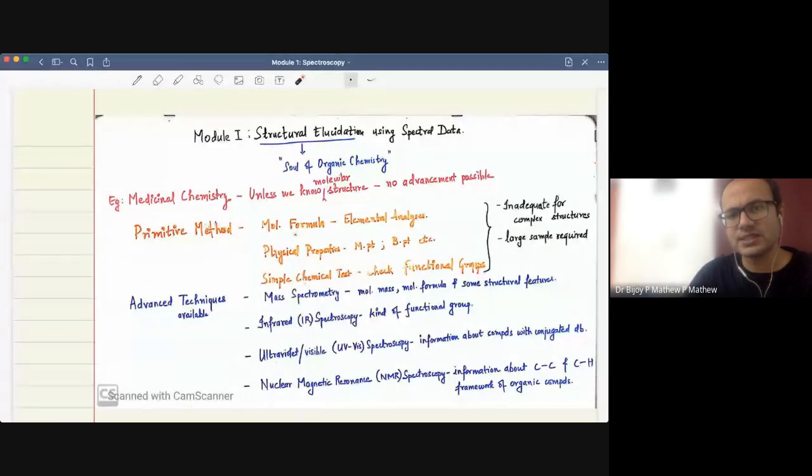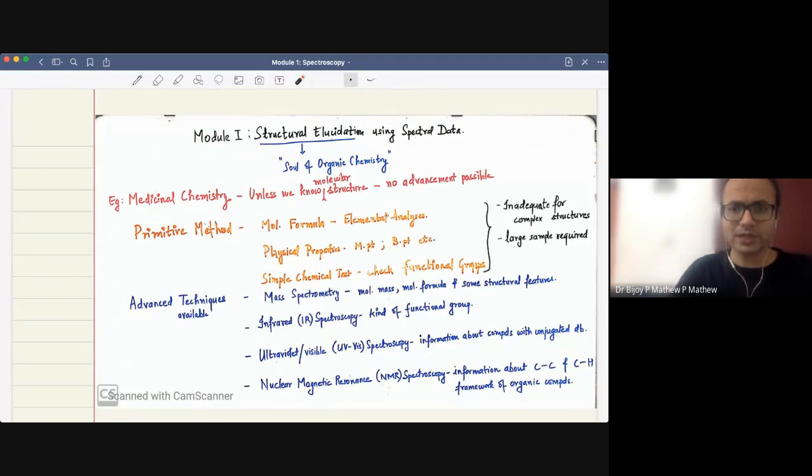The first step of determining the structure involves determination of the molecular formula. And this determination of molecular formula was usually done using elemental analysis. You might be aware of elemental analysis.